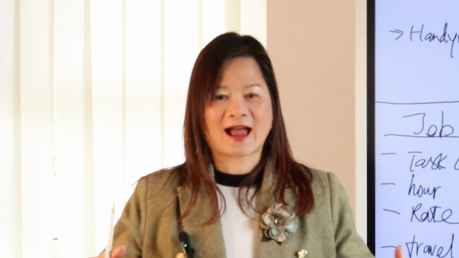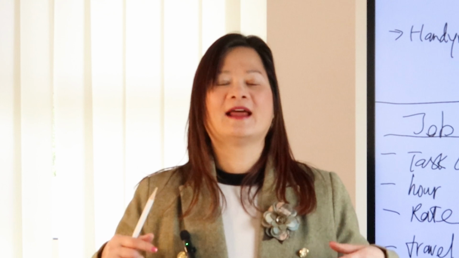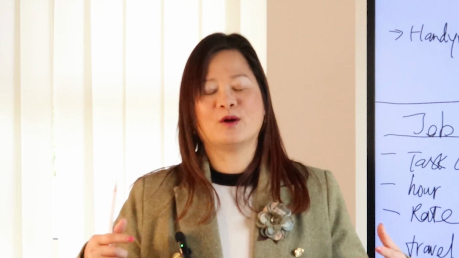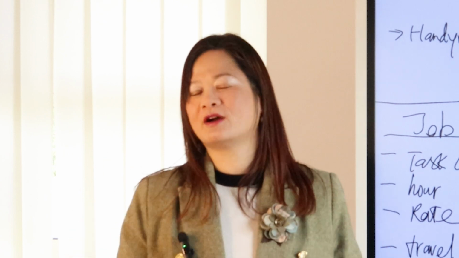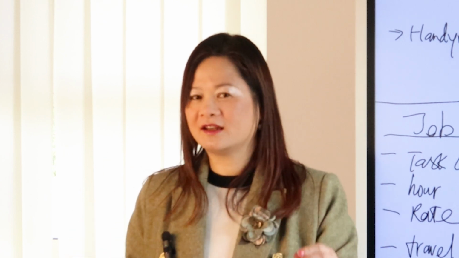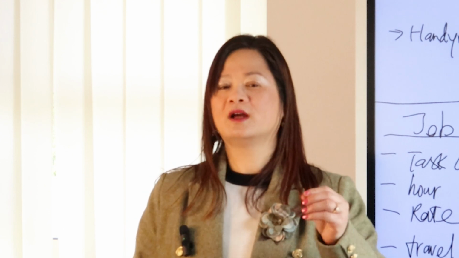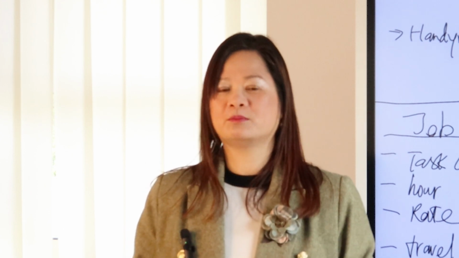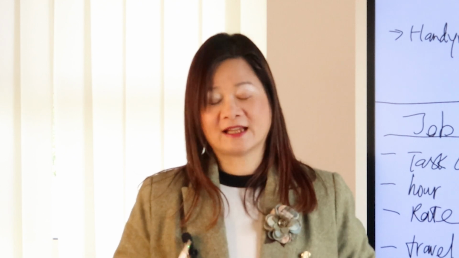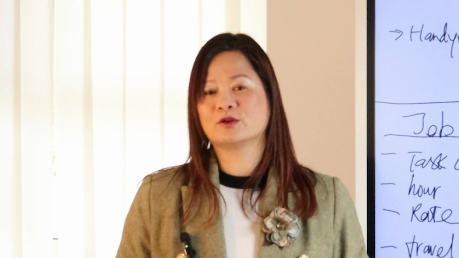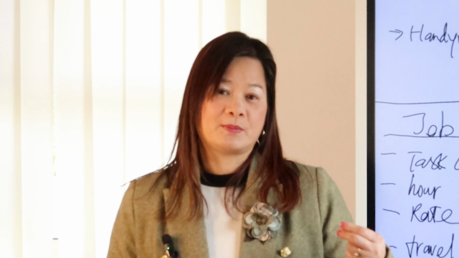If they have a good eye for detail, and ideally you want them to have OCD, obsessive cleaning disorder, they will do a very good job for you. Even if they are new to cleaning and don't actually know how to do it beforehand, with a little bit of training, if they're the kind of person who is very detailed and can spot things, then they should hopefully be a very good one for you.